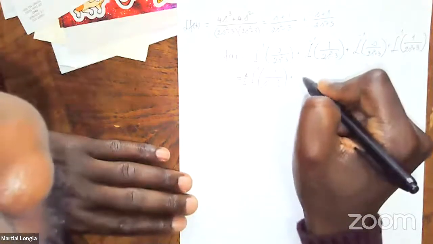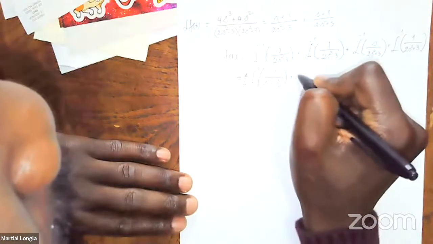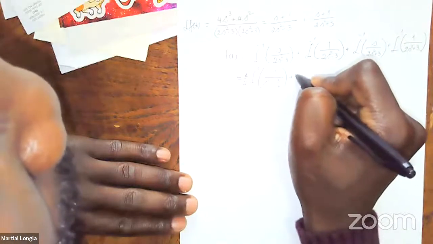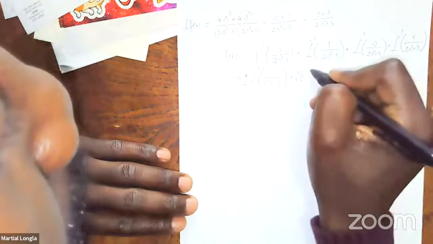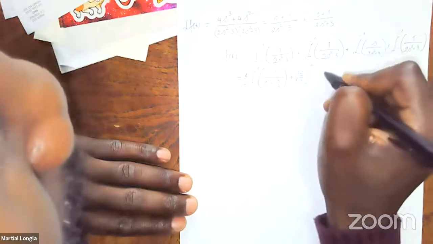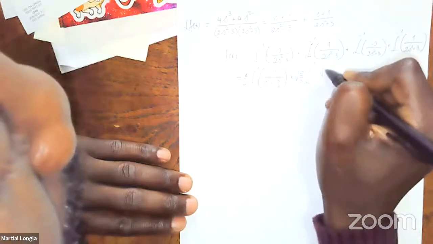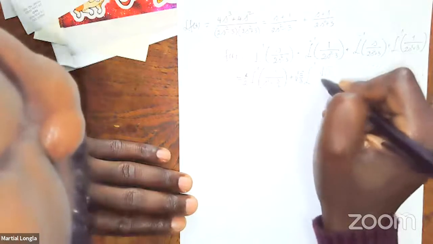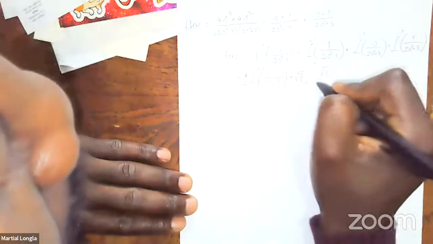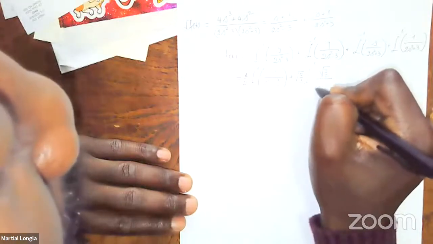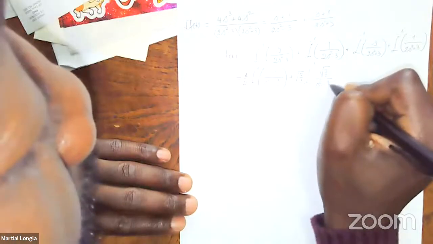And then you can put here root 2 over 3 inverse Laplace transform of root 3/2 over s squared minus 3/2.